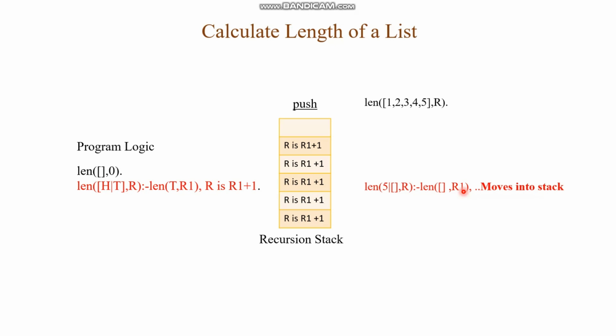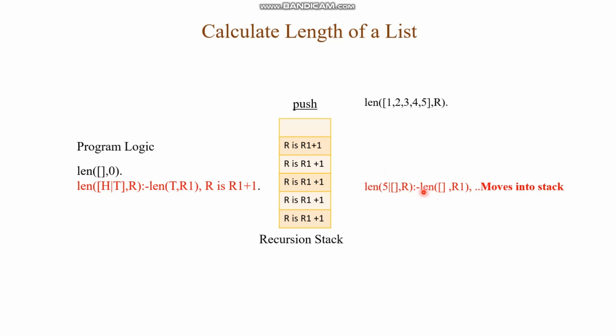So a different r1 has been created each time, and different memory space has been allocated, because this is what the recursion function is all about. The rest of the portion is pushed into the stack again as usual.